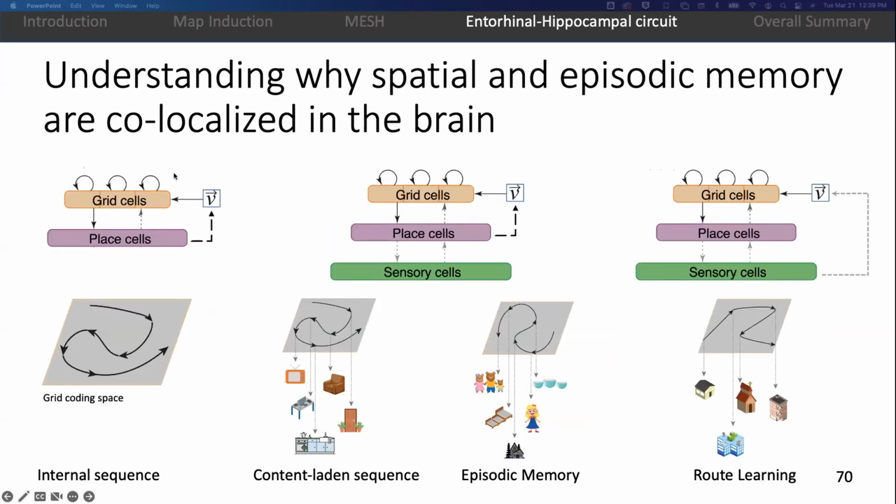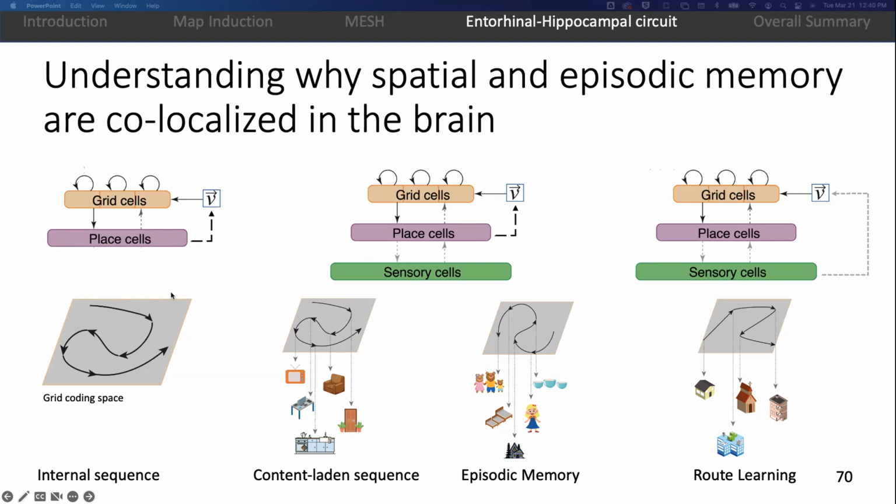Basically, we can use the first two layers. Recall that these first two layers were used to generate that memory scaffold, right? And here we have this structured scaffold based on grid cells. The first two layers can be used along with this mapping from place cells to actions to construct an internal sequence within the grid coding space.